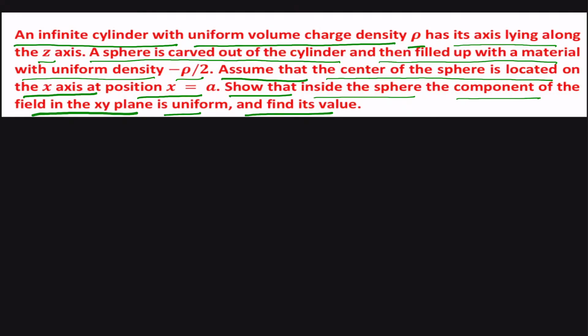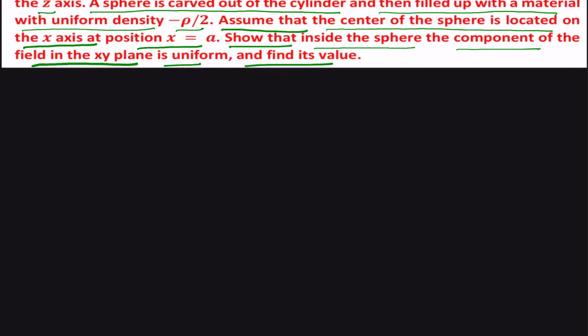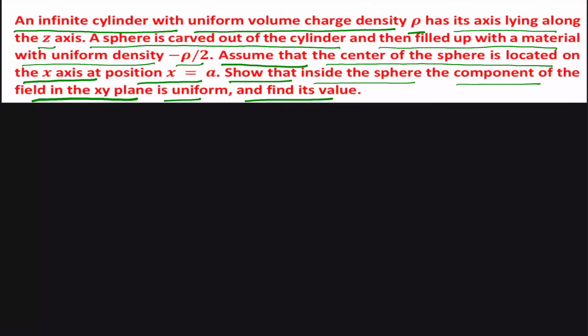So in this case, we have a cylinder, and from the cylinder we removed a sphere and then filled up with a material with a uniform density of minus rho by 2.